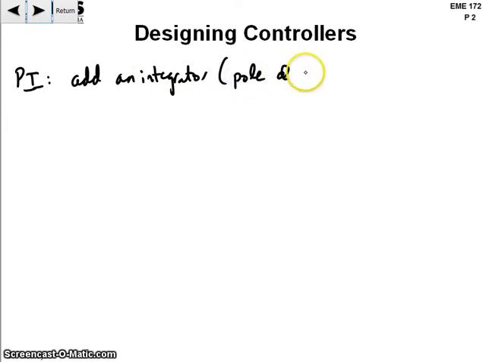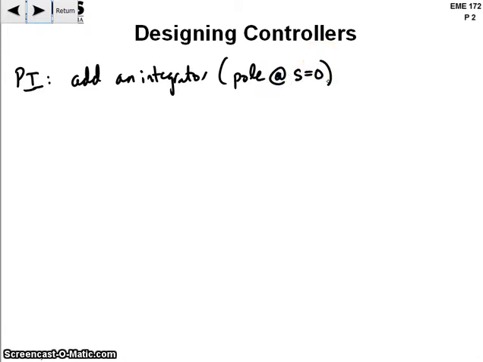So designing controllers. There are several different kinds that we're going to learn about. We already know the names, but I'll write about what their characteristics are. We have a PI controller, that's proportional integral control. The idea is that we add an integrator. That's a pole at s equals 0.